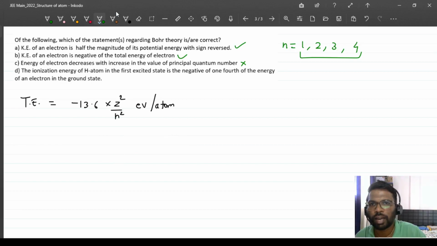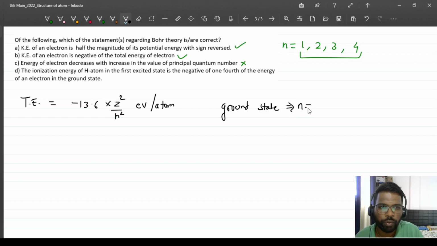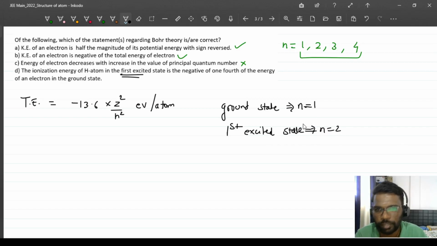Ground state means n equals 1, and first excited state means n equals 2.